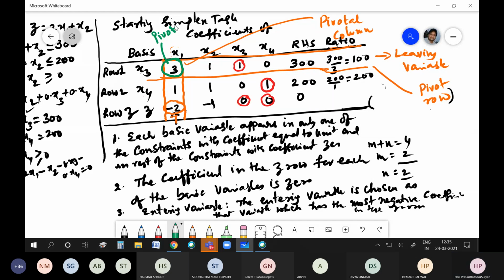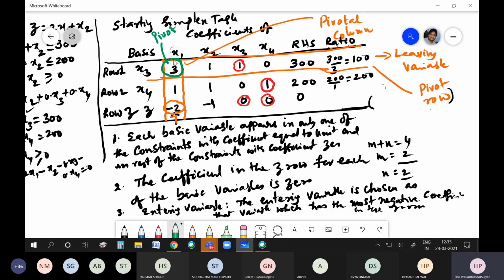Yes, sir. So you have to choose which variable should enter the basis and which should leave. The entering variable is the one with the maximum negative coefficient in the Z row, among the non-basic variables. Here it is -2, which corresponds to X1, so X1 will enter the basis and we mark that column as the pivotal column.